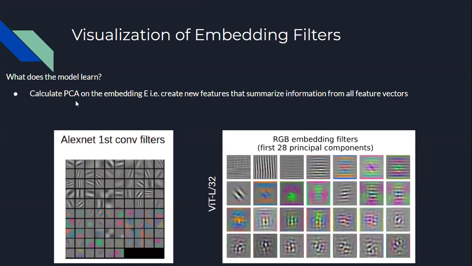If we apply PCA to it, we get a list of features, of new descriptors, and we can visualize what is important and learned in that embedding E. If we look at the first couple of examples here, we can see that the principal components of E are showing very similar activations to something that we would see in the first layer of a convolutional neural network here. It's just an intuition.